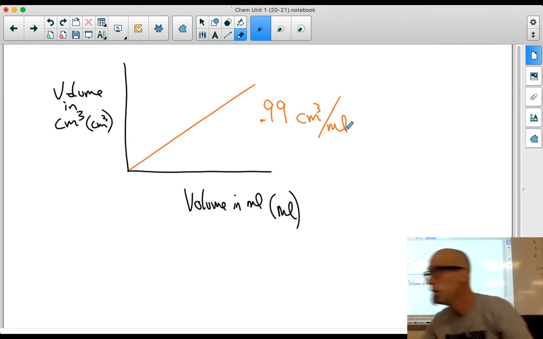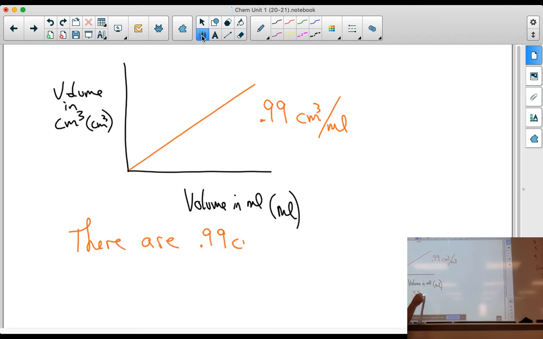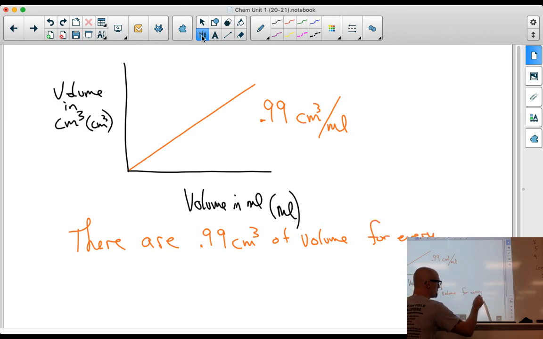This is telling us, and this is how you always start the sentence, at least this is how I do, there are 0.99 cm cubed of volume, per, or for every what? 1 mL of volume.